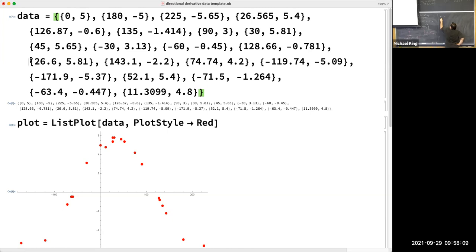The directional derivative, we said, is the partial x times delta x plus the partial y times delta y over the square root of delta x squared plus delta y squared. What if we scale the direction to be length 1?